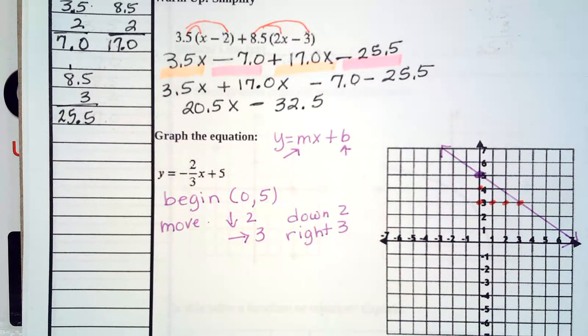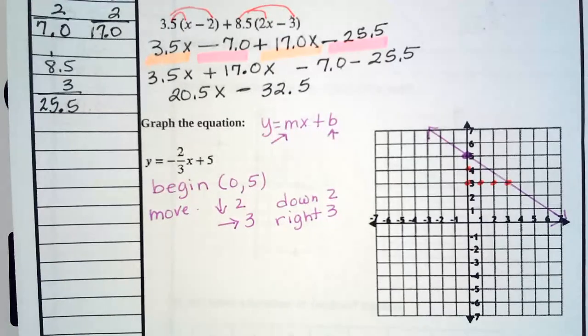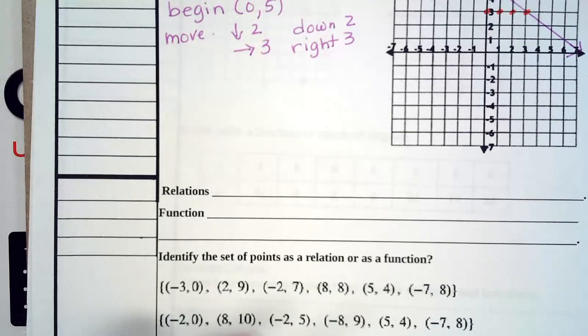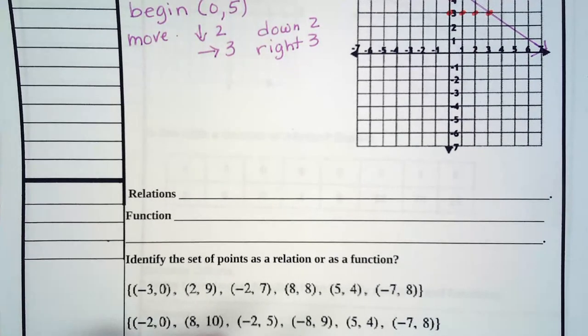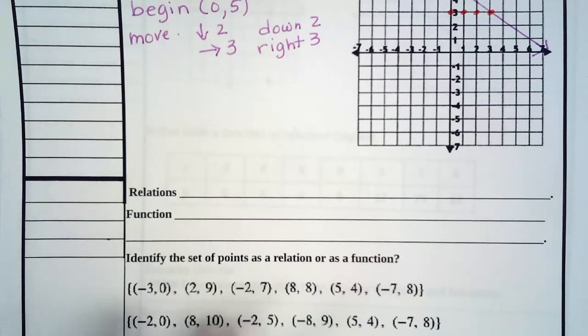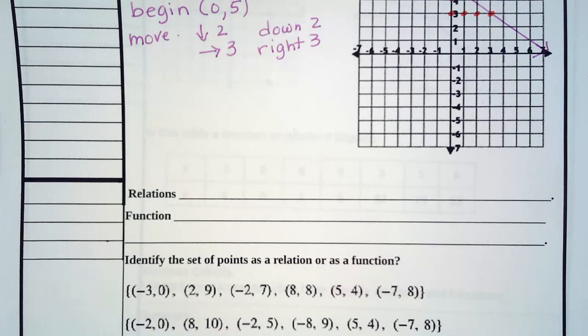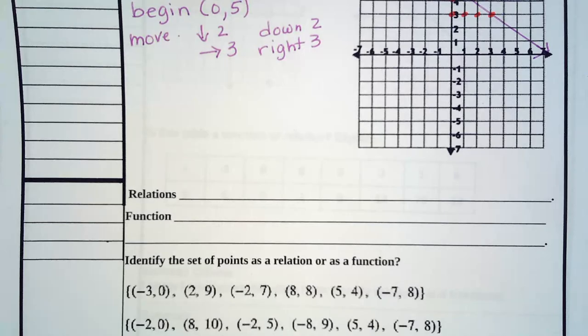Okay, and this brings us into the topic for today. What is a relation and what is a function? A relation is any pairing of inputs and outputs. So anytime you've got sets of numbers that go to each other, then that would be a relation.